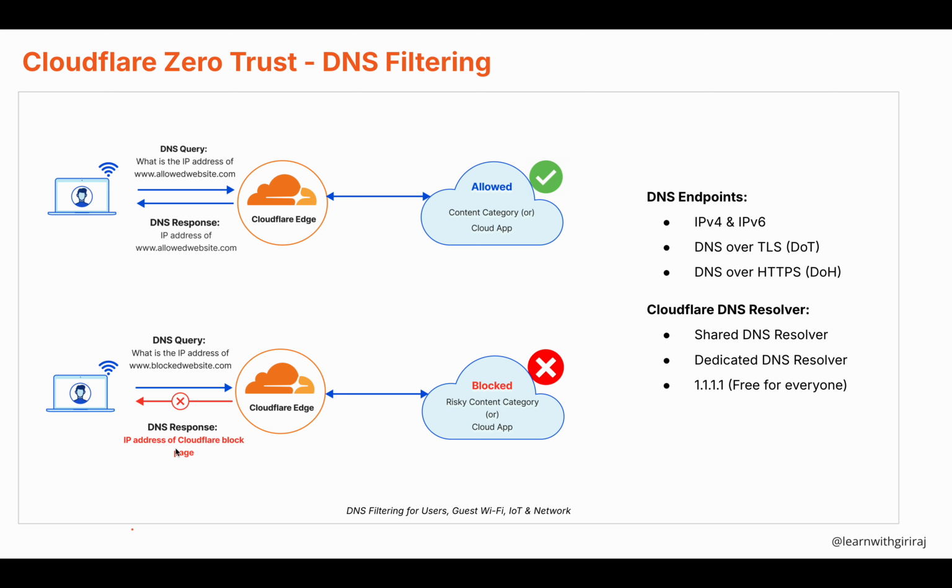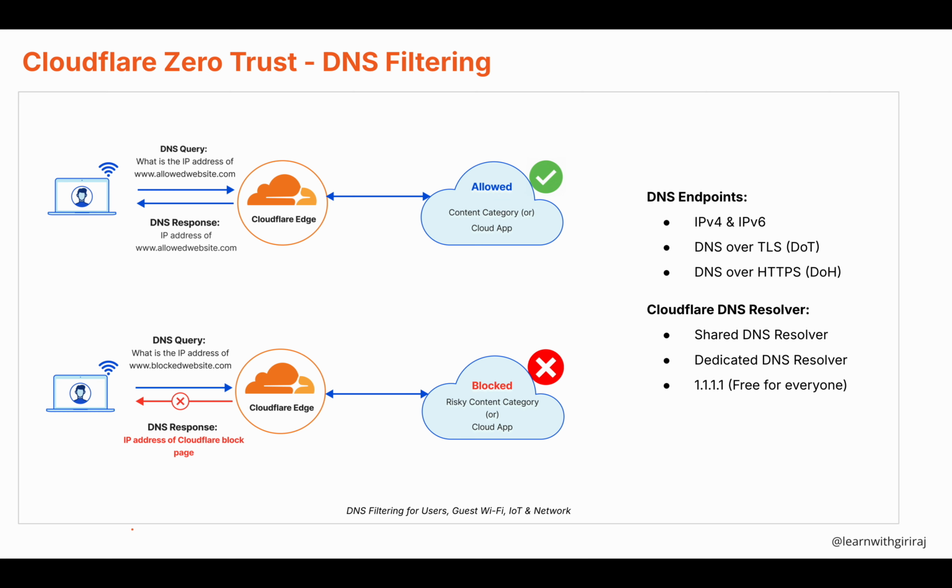This means a bad or blocked website will not resolve to the actual IPv4 or IPv6 address. Instead, Cloudflare will resolve to a specific Cloudflare block page IP address so that the user can't access a blocked or risky website.